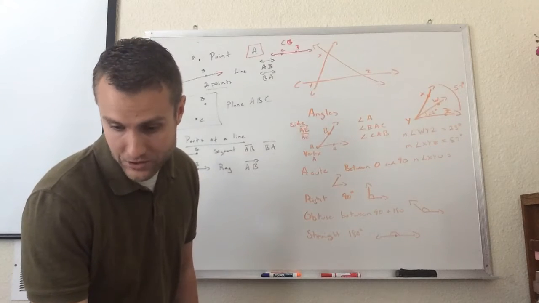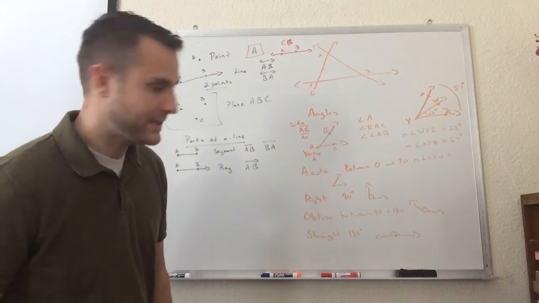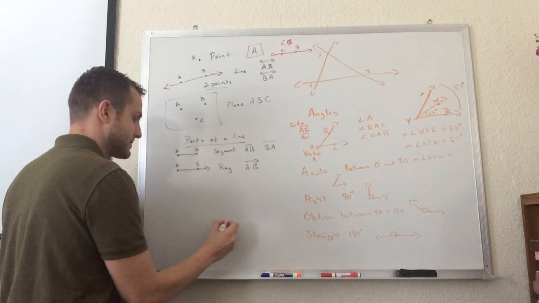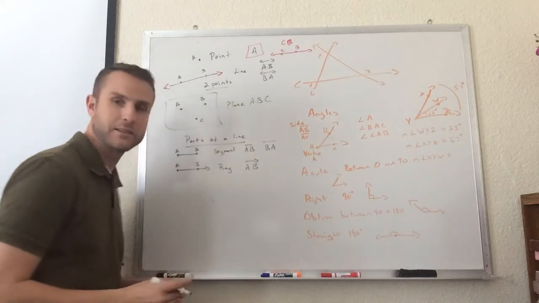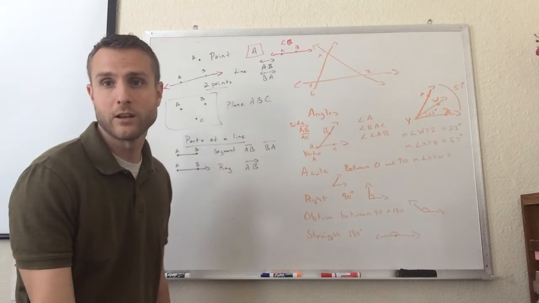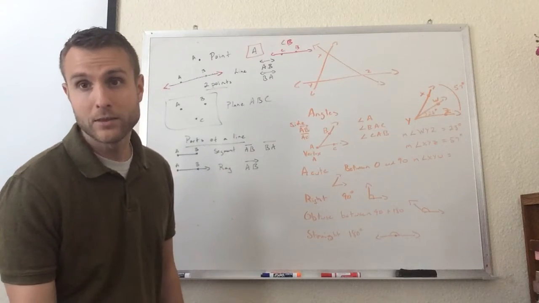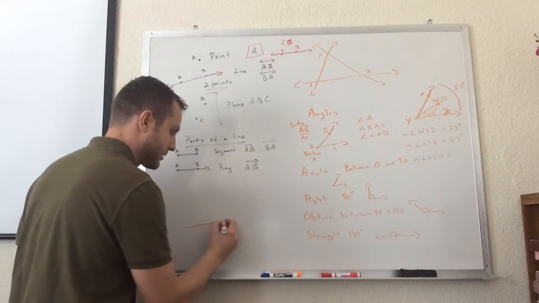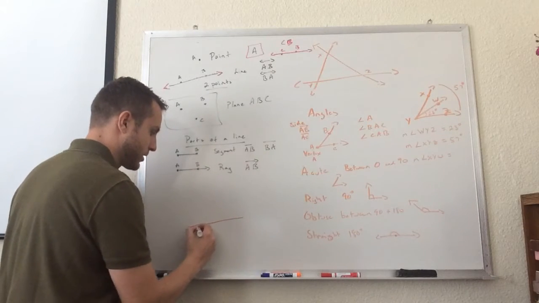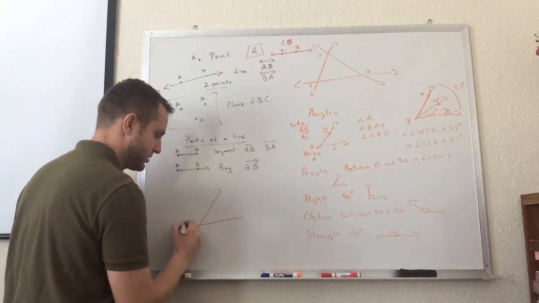If I have more than 2 points, let's say I have 3 different points. We call these non-collinear because they're not on the same line. Well, how many different lines could I draw? If I have 3 different points, that means I could draw one line here between those 2. I could draw one line here between those 2.